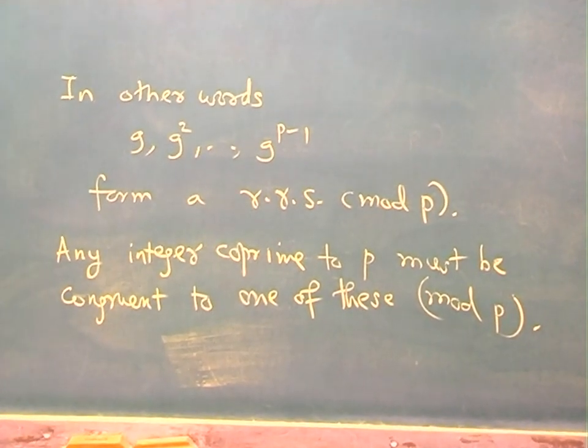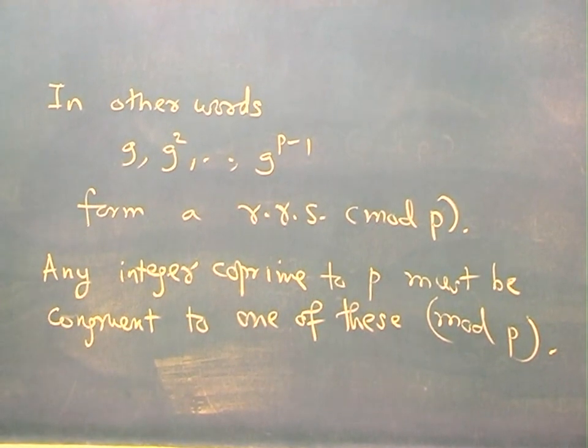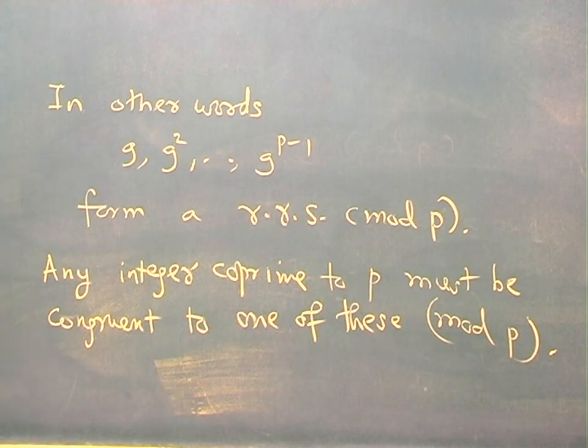Whether you take a number from 1 to p minus 1 or any element of a reduced residue system mod p, it has to be one of these.